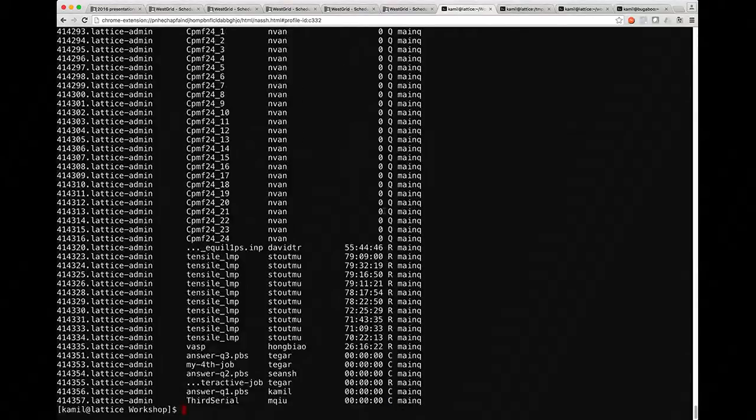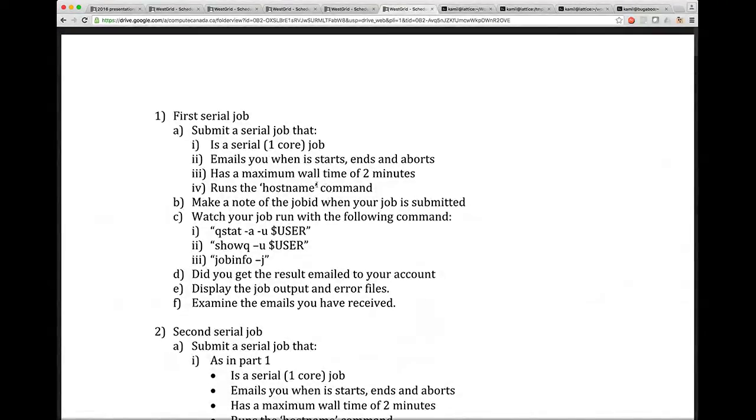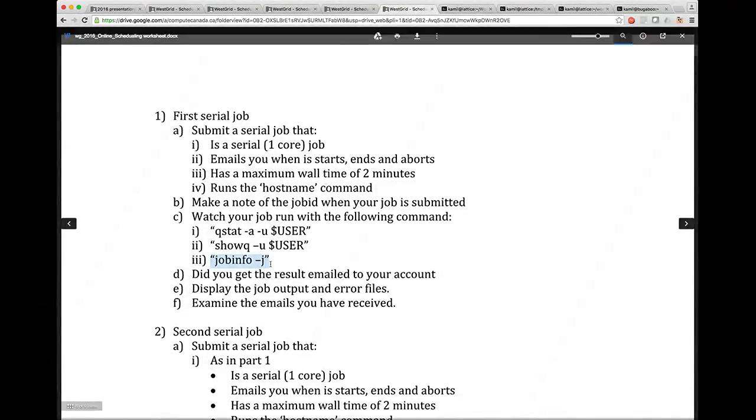But you'll see completed jobs, like for instance this one right here, by one of our users here in the workshop, as well as running ones. Unfortunately, job info is not here on Lattice, so you can ignore that part.